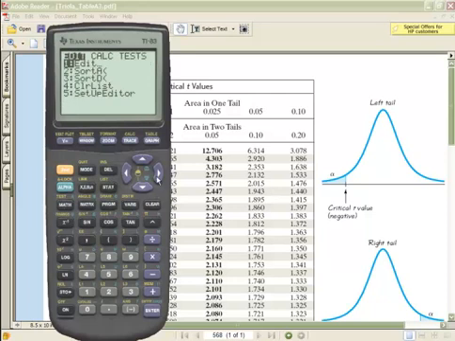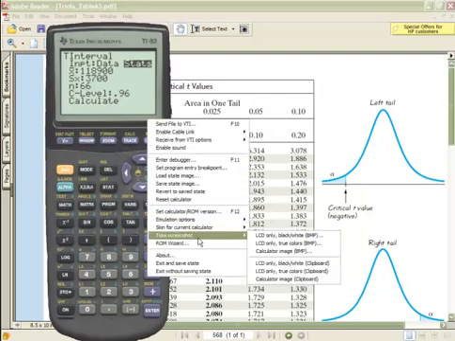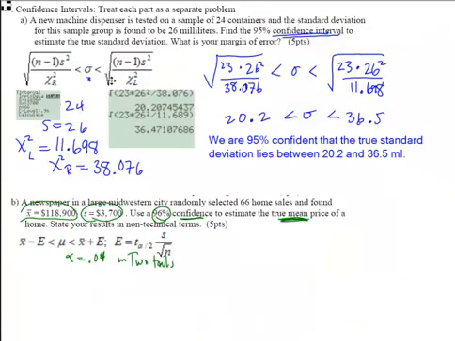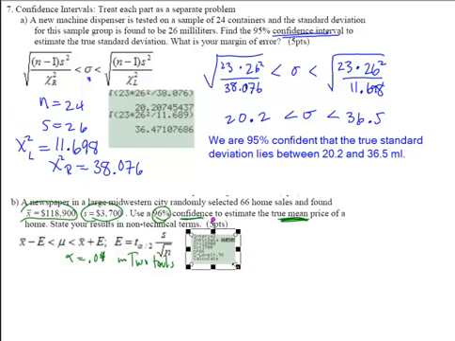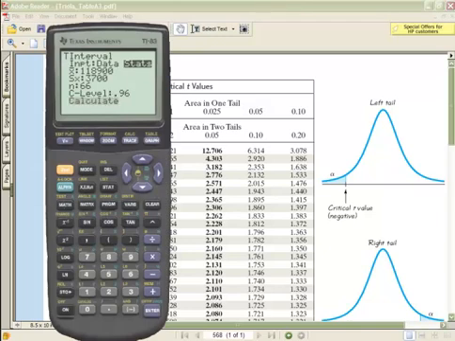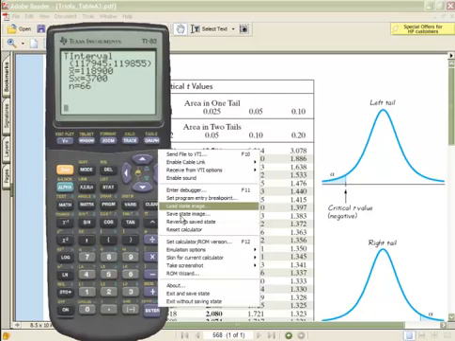Let me do that again so I could take a screenshot before I did my calculation. So these are going to be the input items, and then the output after you press enter would give you an interval in parentheses notation.